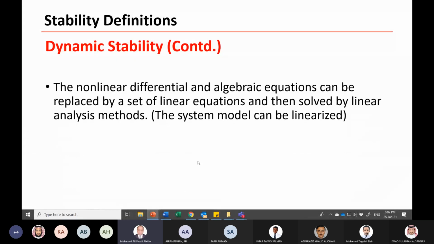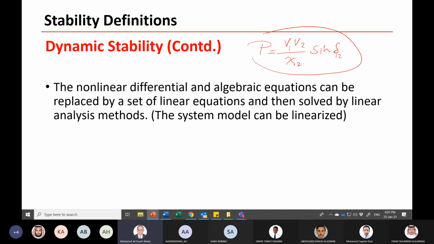For dynamic stability also, the nonlinear differential equation and the algebraic equations can be replaced by a set of linearized equations, as we mentioned. You can linearize the equations. The equations are nonlinear. Usually, we have nonlinearity. From where comes the nonlinearity? We have here P equal to V1 V2 over X12 sine delta, or delta difference, delta 1,2.